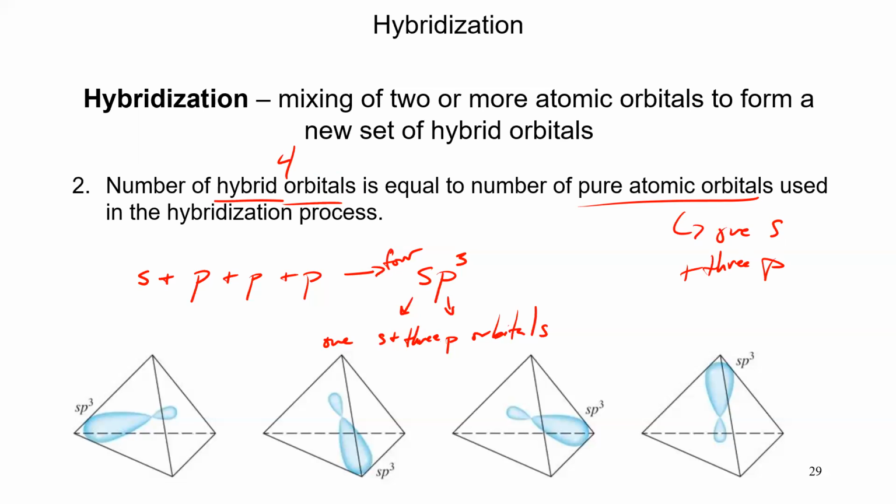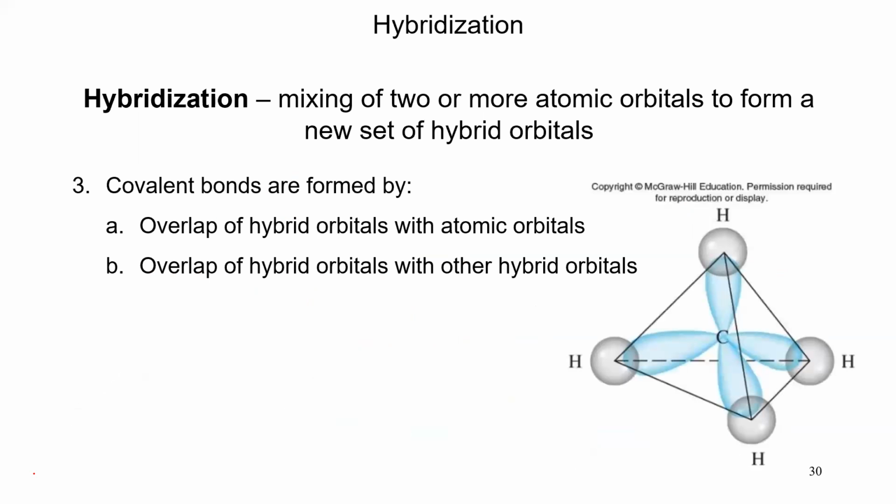Once they've hybridized, they reorient themselves to the points in space where those regions of electron density are the farthest apart. How hybrid orbitals work is that whenever we form a covalent bond, remember covalent is sharing electrons, the only way to form one is through overlap.